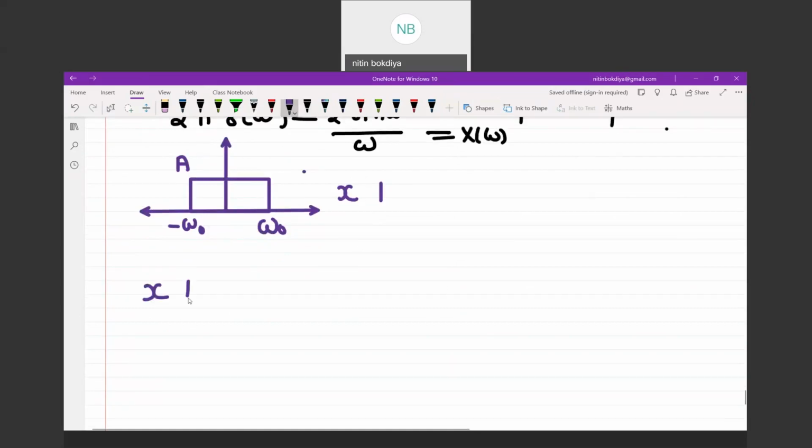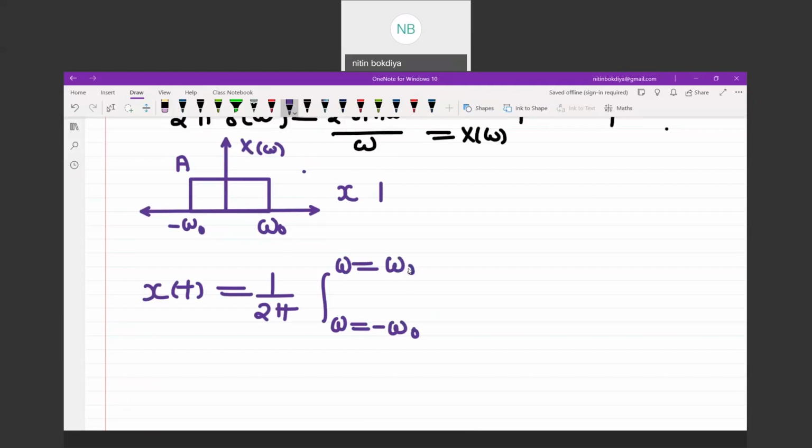x of t is equivalent to 1 over 2 pi integral of omega, this is X of omega. I want x of t. So minus omega naught to omega equal to omega naught.